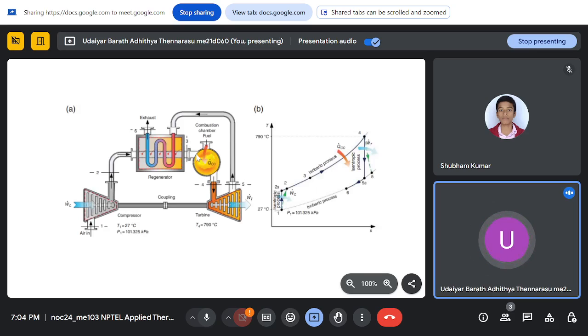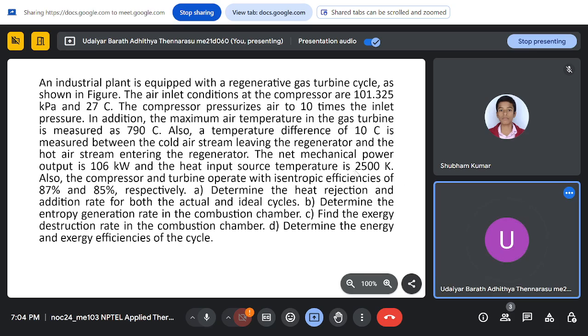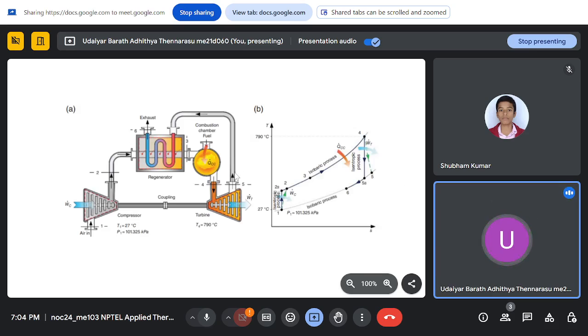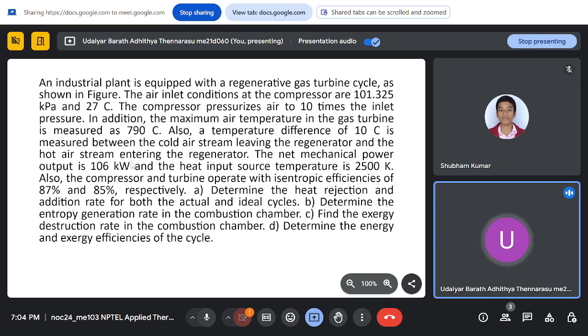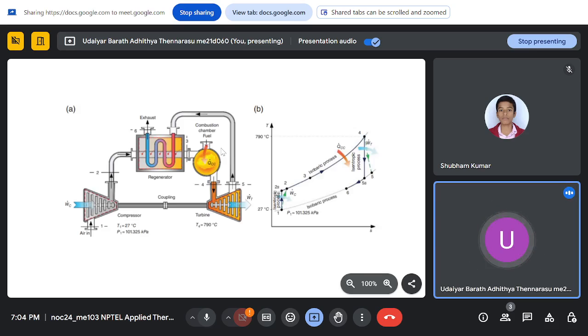So T3 minus T5 is 10 degrees Celsius, and then you are doing a heat addition, where the temperature source is 2500 Kelvin. 106 is the net mechanical power output, and you are expanding in the turbine, and your maximum temperature, the inlet to the turbine, is 790 degrees Celsius. That is all that is known.